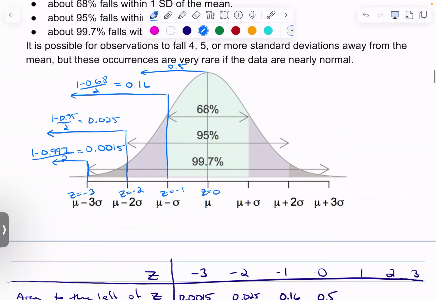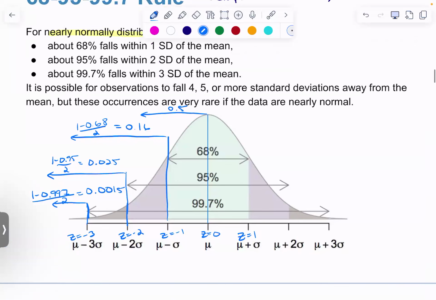Doing the same thing, +1 now. I'm going to run out of space here. You've got a couple of options. Moving into the positive side, you know by symmetry that the area to the right has to be the same as for -1, 0.16.